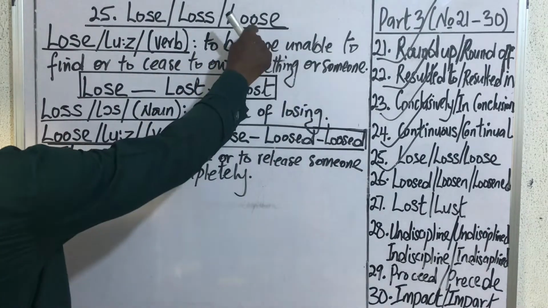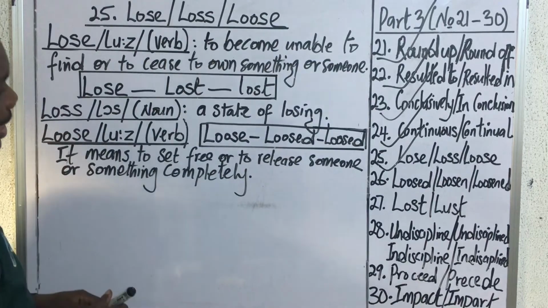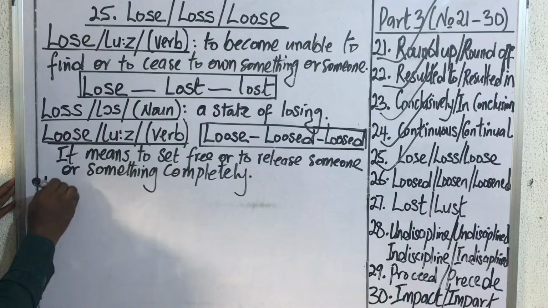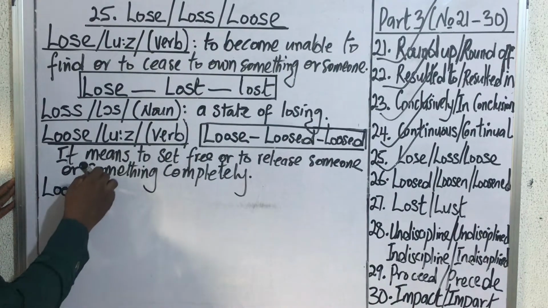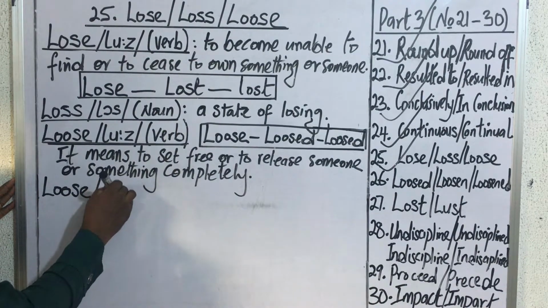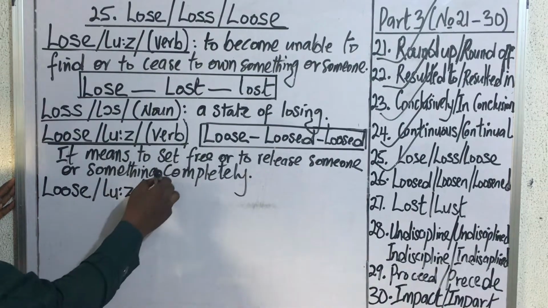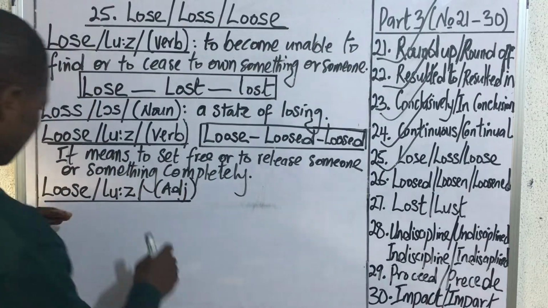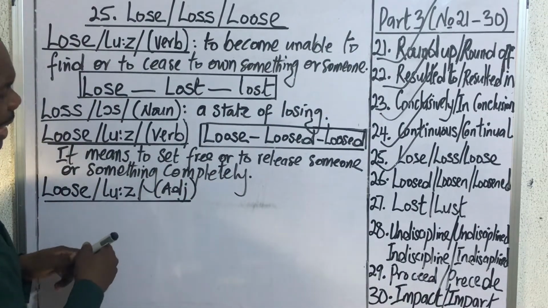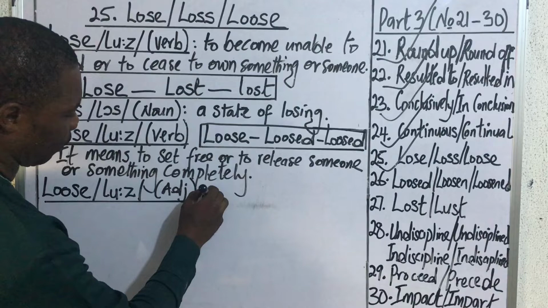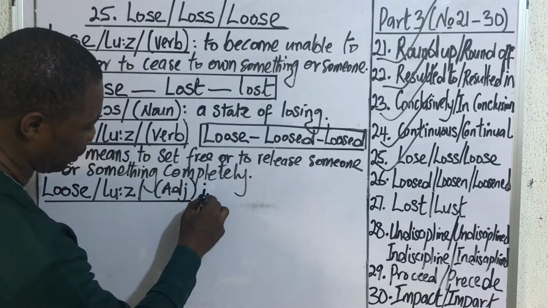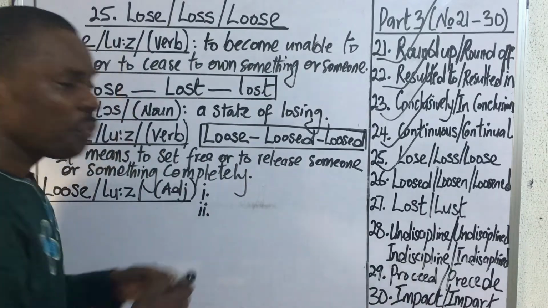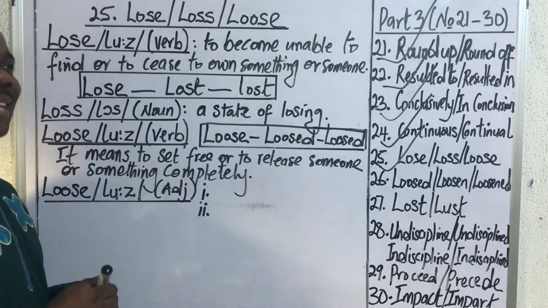Remember, we said that the same word can be used as an adjective. Now, this is what we have. Loose, and it will still maintain the same pronunciation, which is L-U-Z, but this time around as what? An adjective. There are two ways in which this word can be used as an adjective. So we can talk about number one, and then we can talk about what? Number two. Number one, when something is not firmly fixed or securely attached.